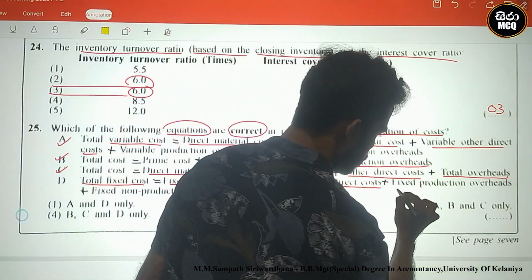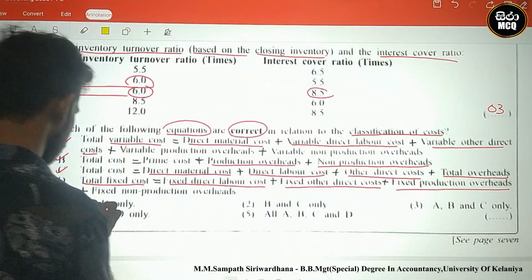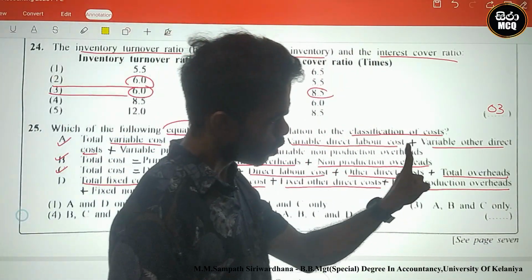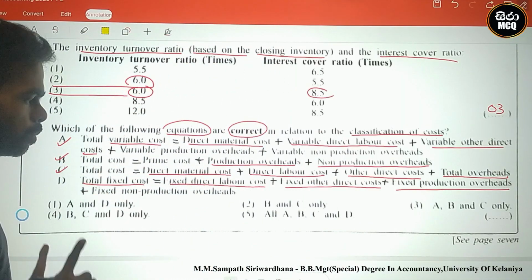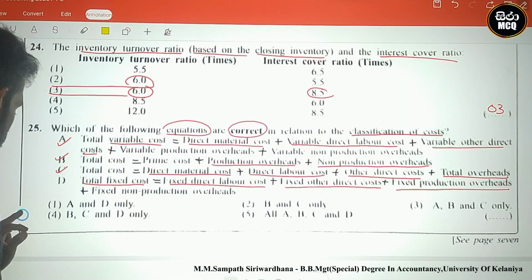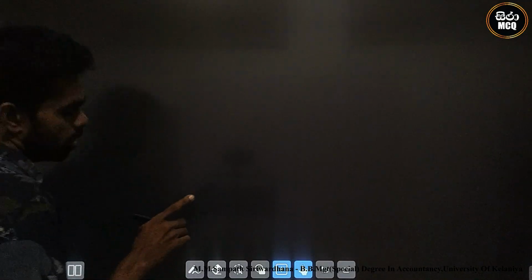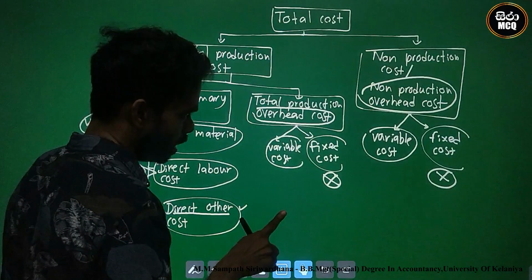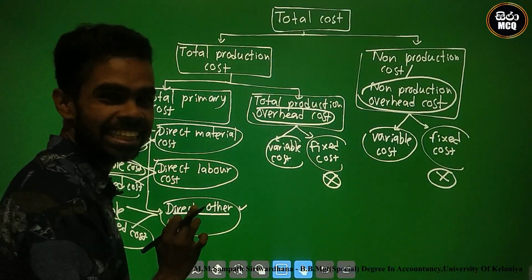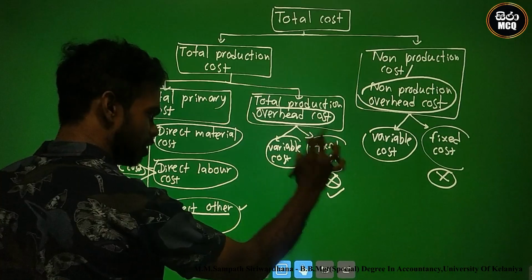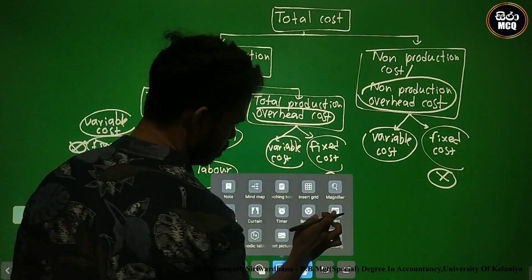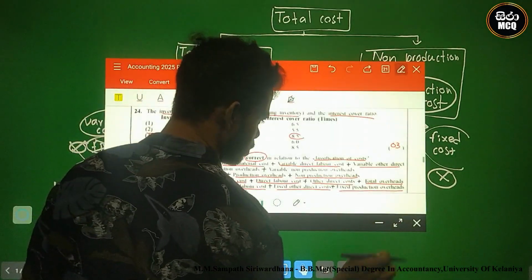Next one is fixed production overhead. Production overhead. Look here, fixed production overhead. Production overhead is there. Production overhead, the fixed one. Okay, next go to the question.